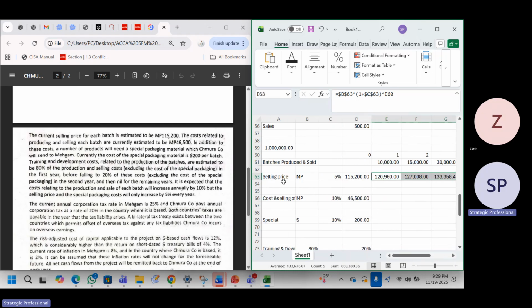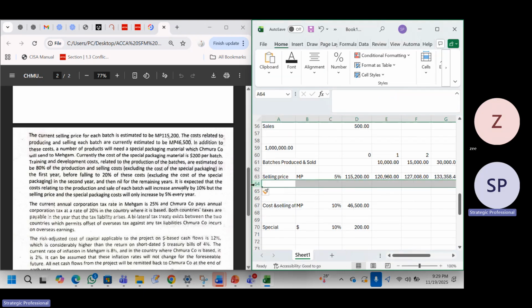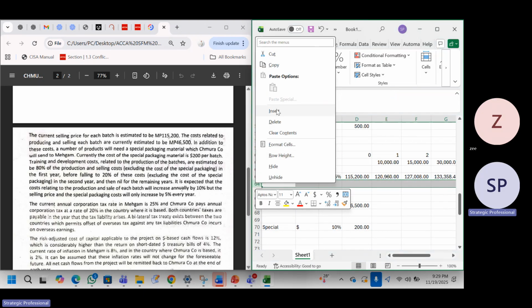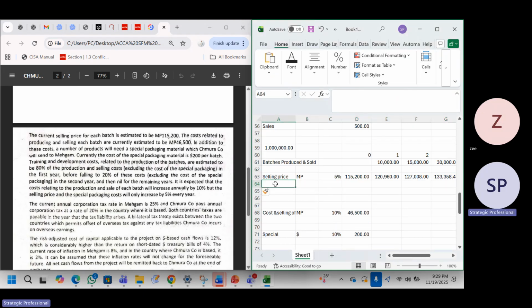Meaning that automatically I can calculate my sales revenue, right? My sales revenue will be year one, which is 10,000 times this. This will be my sales revenue normally.